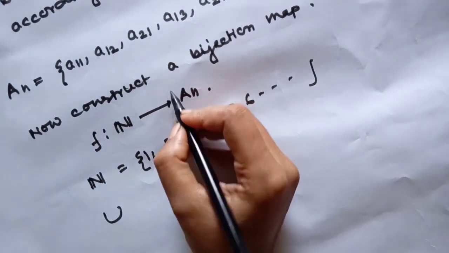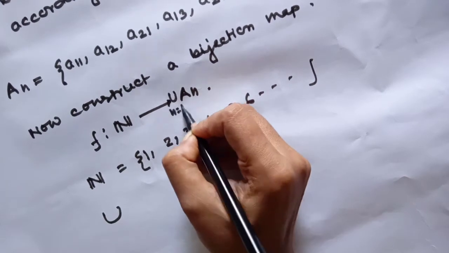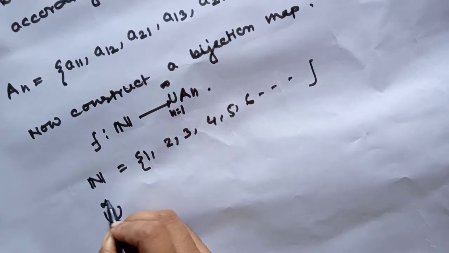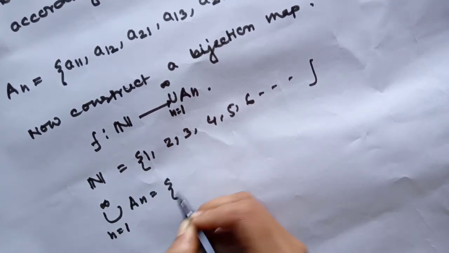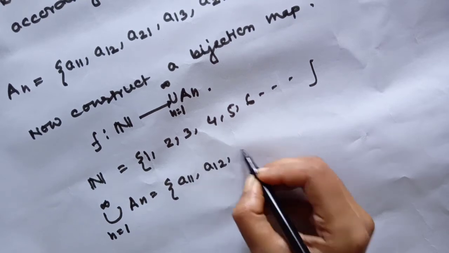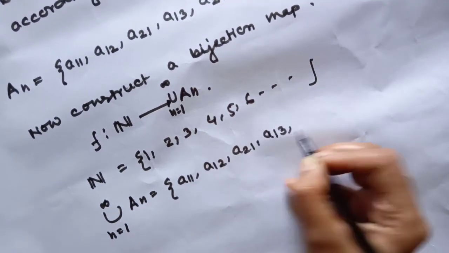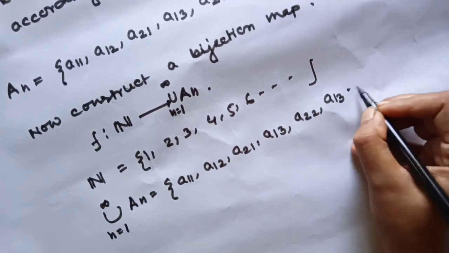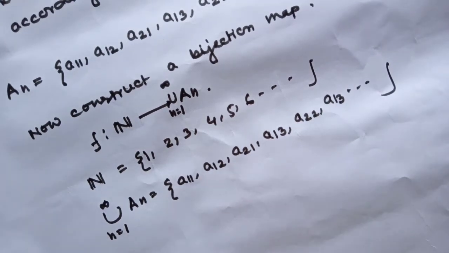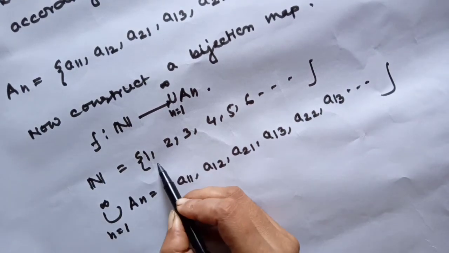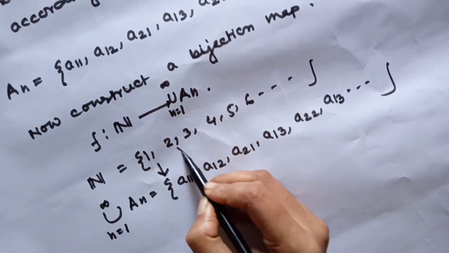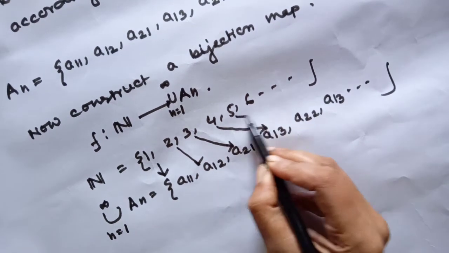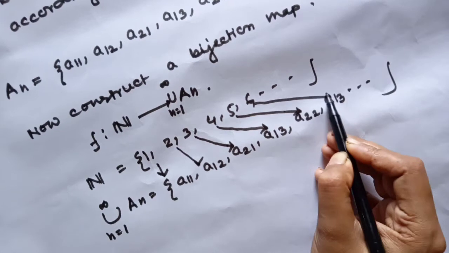Sorry, here the codomain is the union of n equal to 1 to infinity of An, which equals A11, A12, A21, A13, A22, A13, etc. And there exists a one-to-one correspondence. How? 1 maps to A11, 2 maps to A12, 3 maps to A21, 4 maps to A13, 5 maps to A22, 6 maps to A13.